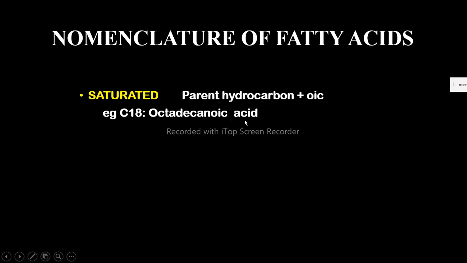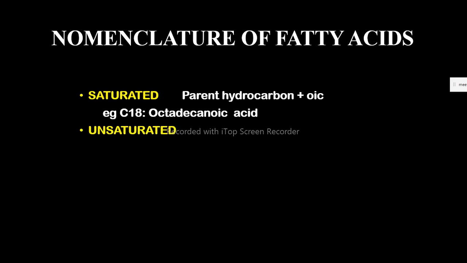So this is octadecanoic acid. Now that is the IUPAC name, but the technical names are the ones we've been saying: linoleic, alpha linoleic. Those are unsaturated, but for this one, it is just saturated.